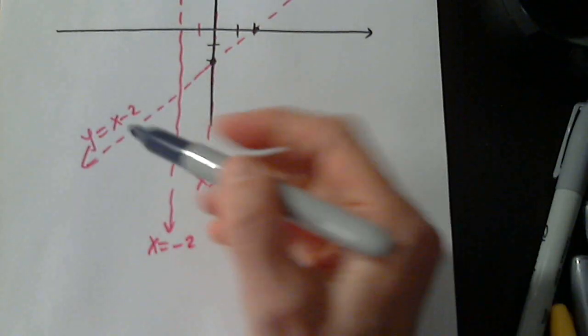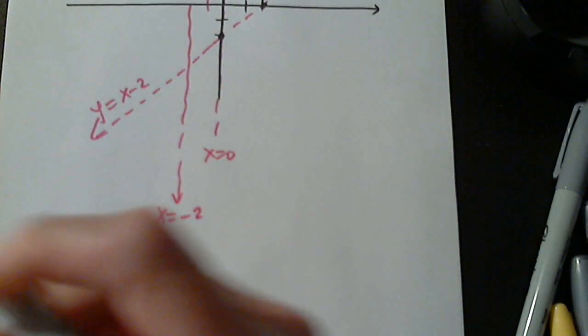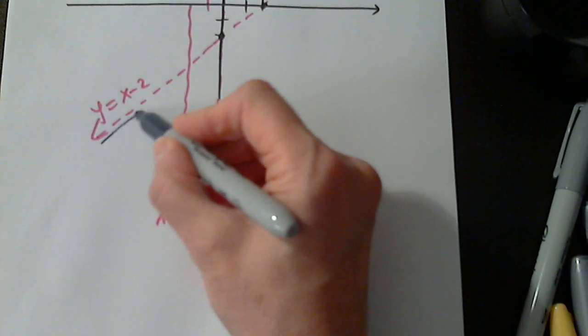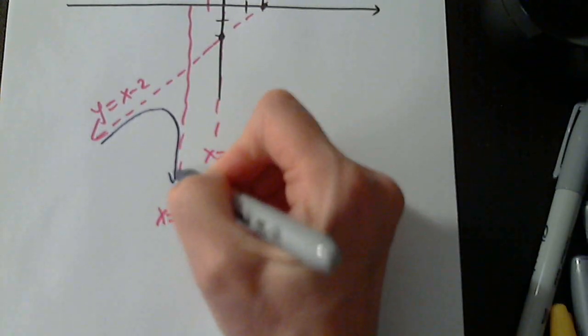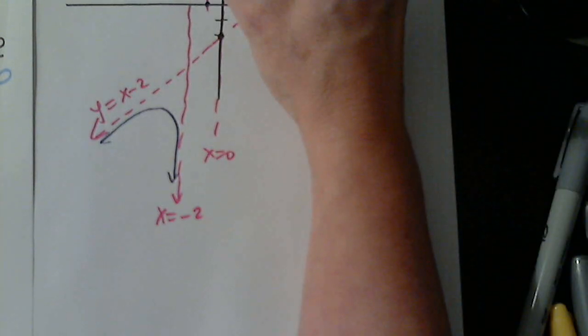From negative infinity to negative infinity. I'm checking now, so this was again negative infinity to negative infinity on the left hand side. We checked this was negative. The middle part comes from positive, crosses here, I got it.